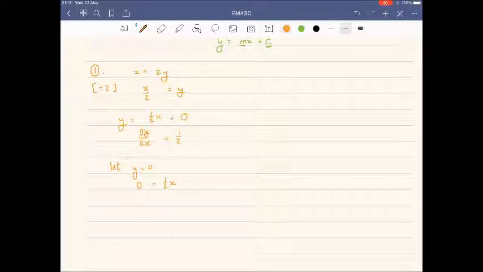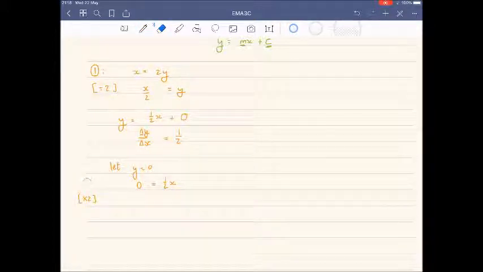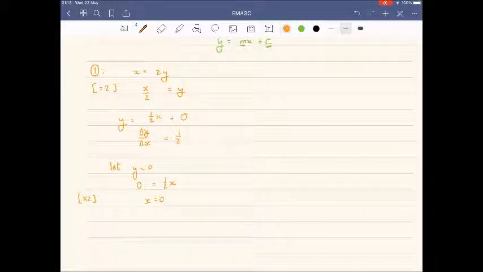And if I times both sides by 2, I get x equals 0. So what does that tell us? Well, it tells us that the graph goes through the origin.